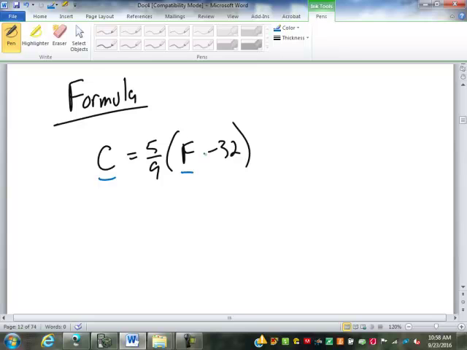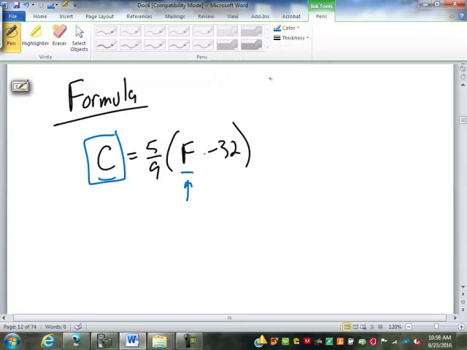Generally, we use a formula that's set up neatly like this. This formula here would be used if we wanted to find the temperature in degrees Celsius given the temperature in degrees Fahrenheit. Just to make it easy on ourselves, right? If we wanted to find the temperature in degrees Fahrenheit, we would find a different formula that was F equals, so it'd be easier to do.